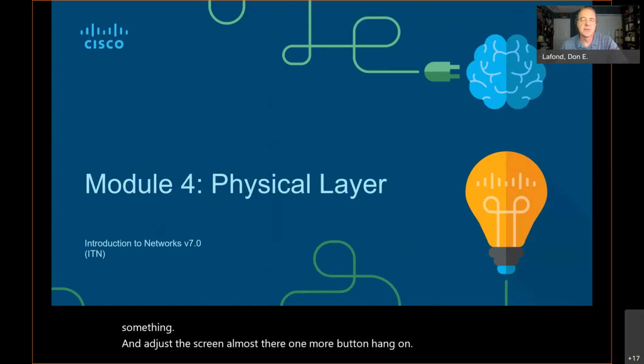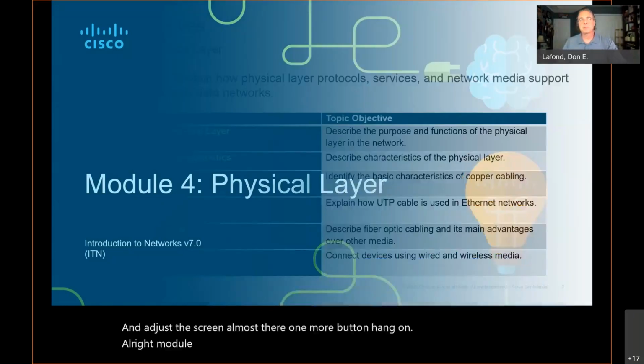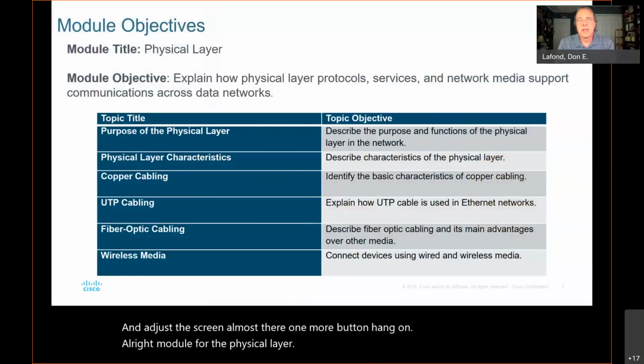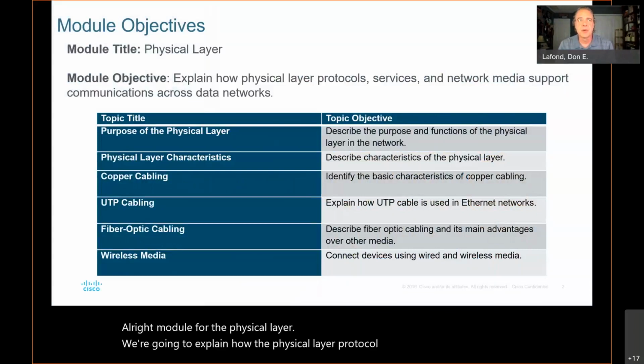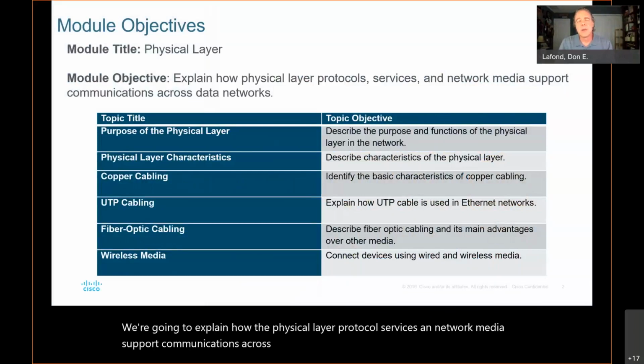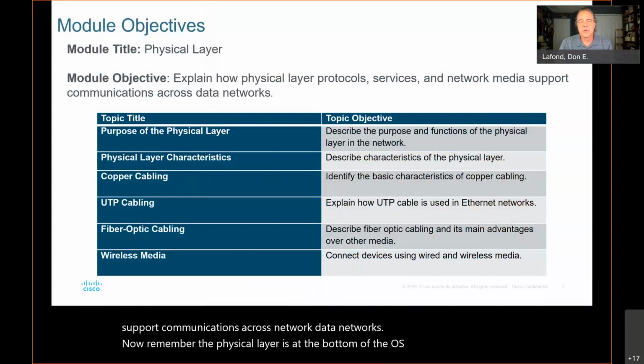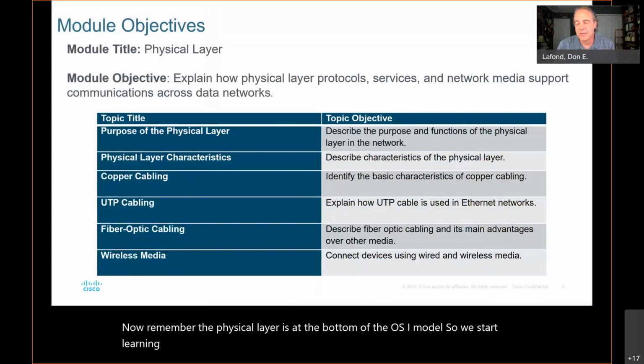All right. Module 4, the physical layer. We're going to explain how the physical layer protocol services and network media support communications across data networks. Now, remember, the physical layer is at the bottom of the OSI model. So we start learning about the concepts of the physical layer moving bottom to top.